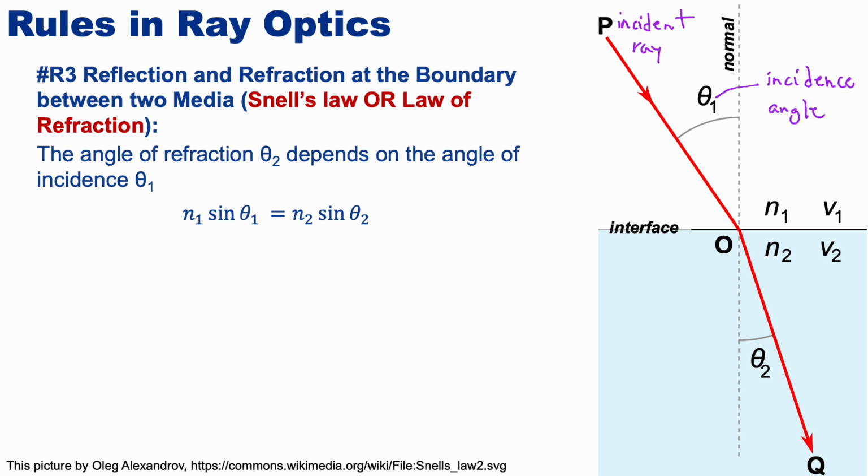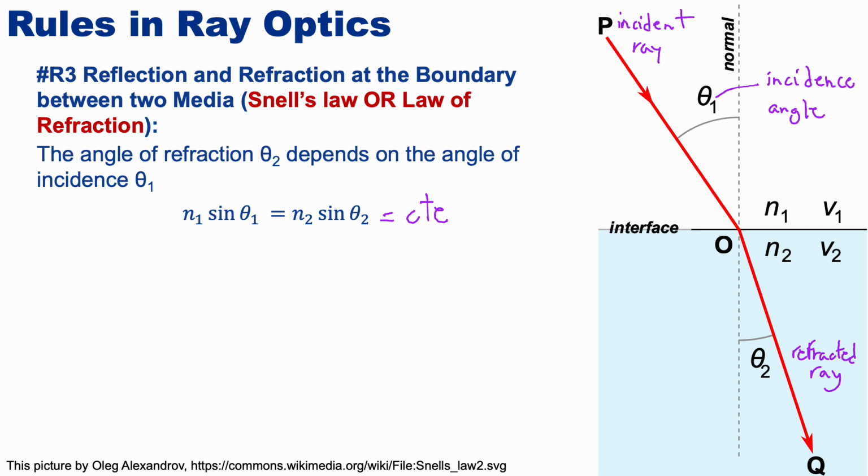And then it's gonna meet an interface, and then we're gonna have a refracted ray. So when light travels with media of two different refractive index, we know that the product between the refractive index and the sine of the angle with respect to the normal is gonna be constant.